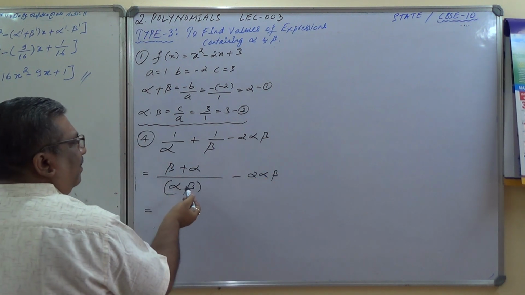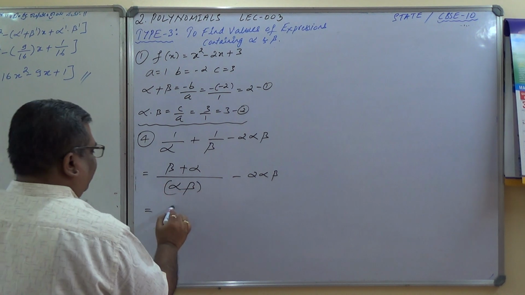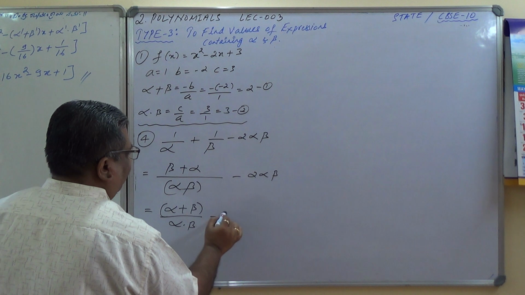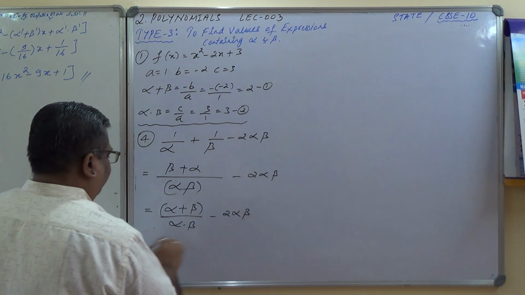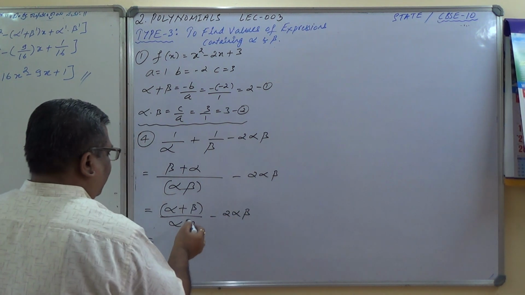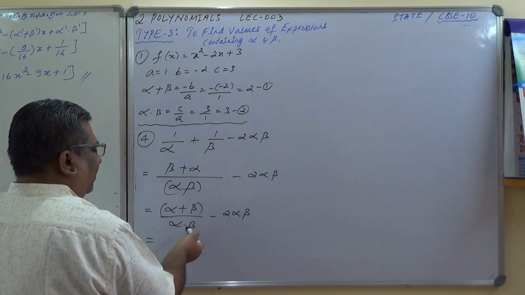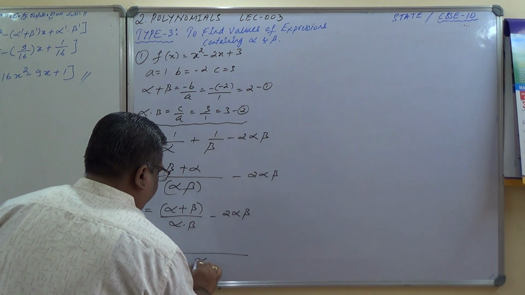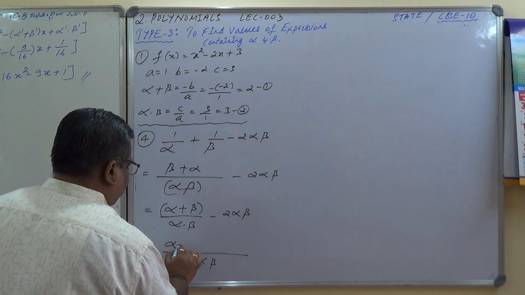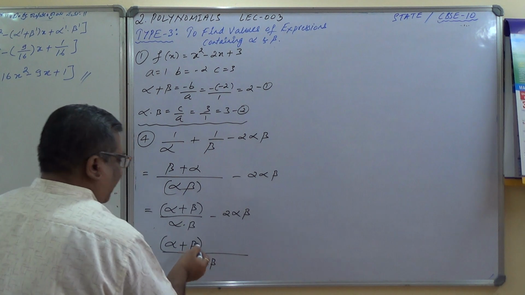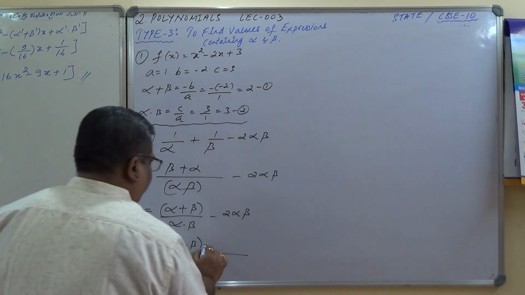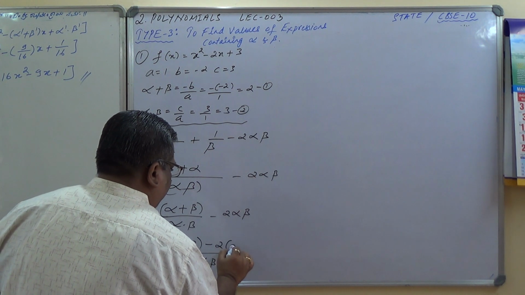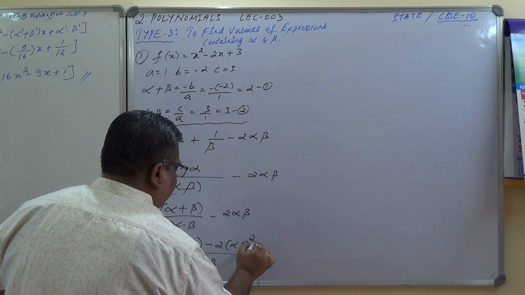Therefore, this is simple. Beta plus alpha is nothing but alpha plus beta, the whole divided by alpha into beta minus 2 times alpha beta, which equals, this much is enough, or you can take LCM also. Even if I take LCM, I will be able to find out the values. Alpha into beta, this is alpha plus beta, put it into bracket because I need to substitute the values here, minus 2 alpha into beta, the whole square.